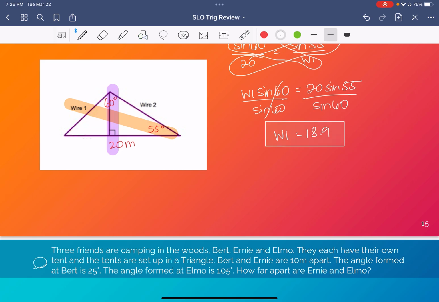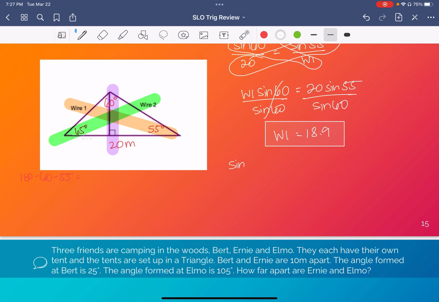For the second wire, we're missing an angle, but notice that we can find that missing angle by just subtracting the existing ones from 180. So 180 minus 60 minus 55, which is 65 degrees. So now for our second operation, we'll do wire 2 but with 65 degrees.